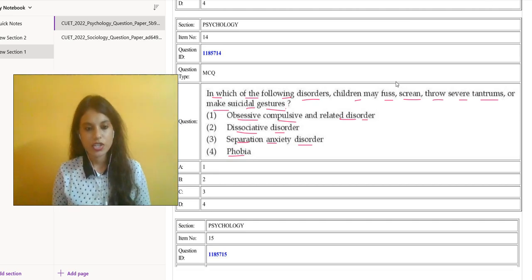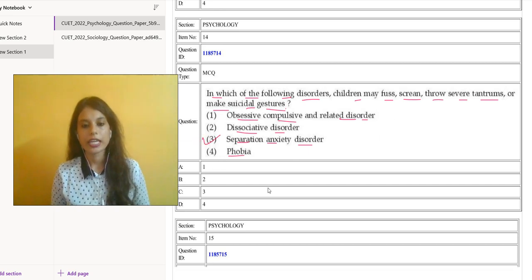Based on this, children displaying severe tantrums or making suicidal gestures are more likely to be associated with separation anxiety disorder. Okay, yeah, this one would be option C as the correct option. Moving over to the next question.